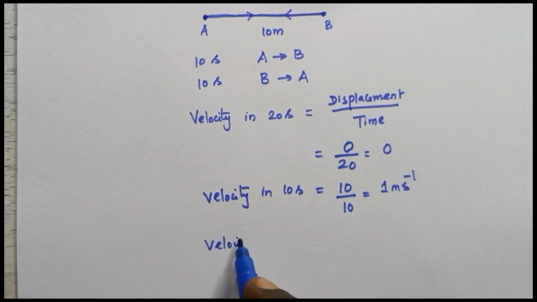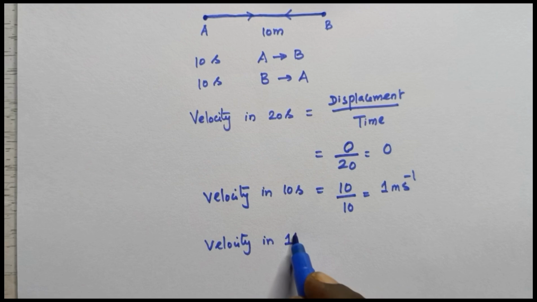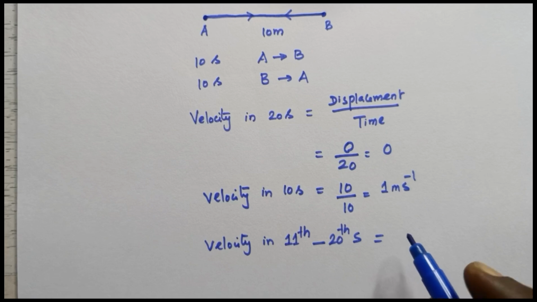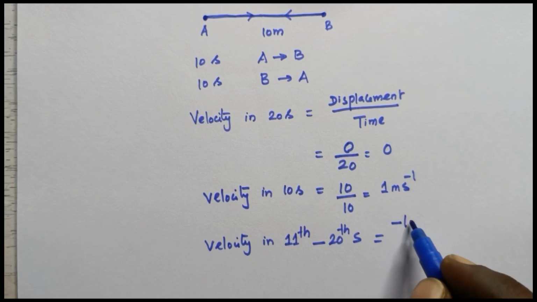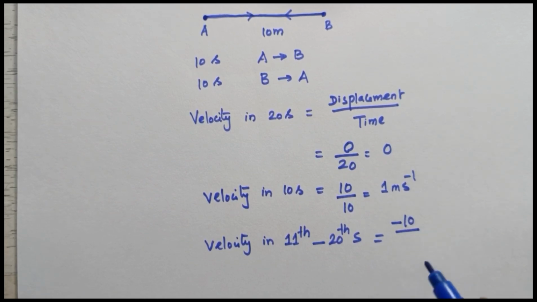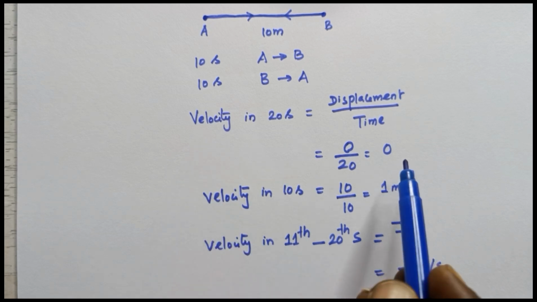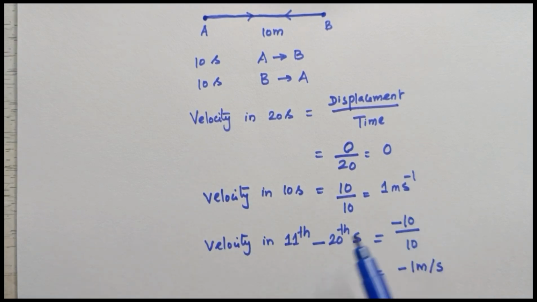Velocity of the body in 11th second to 20th second is equal to, the distance traveled is in the opposite direction, so minus 10 by 10, which is equal to minus 1 meter per second. இப்போ உங்களுக்கு புரியும்னு நினைக்கிறேன். Velocity can be 0, velocity can be positive or velocity can be negative.